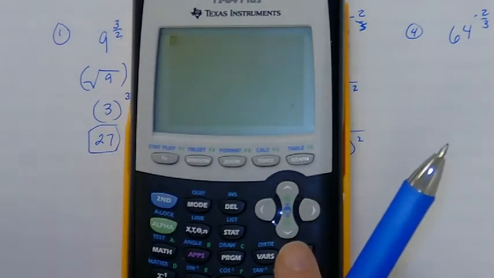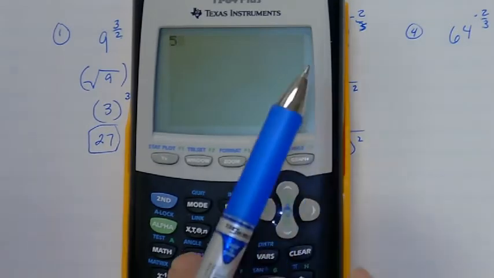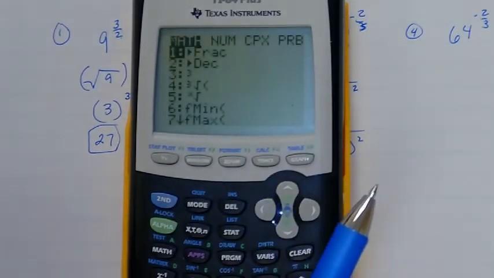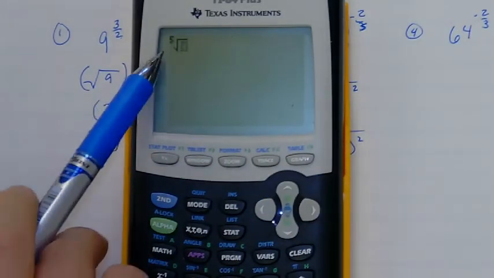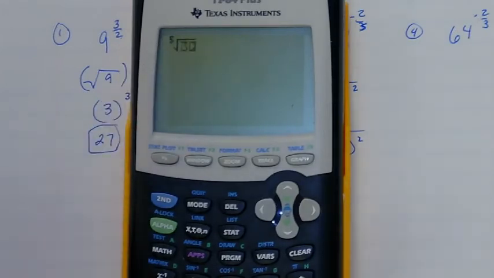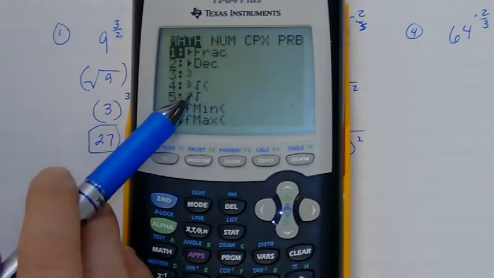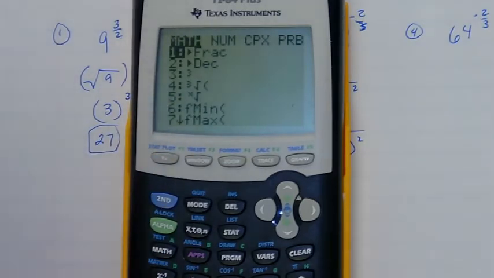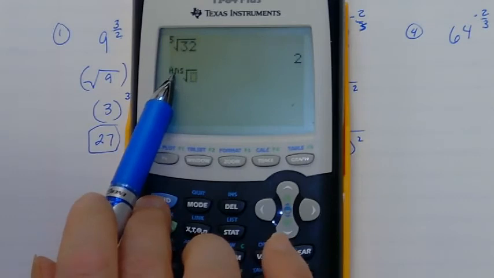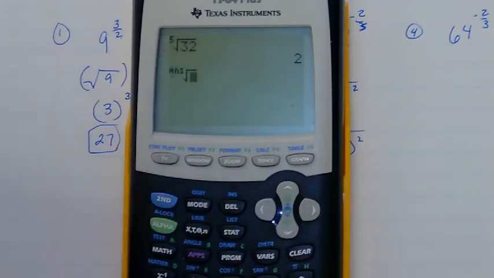Now, this one's going to make me type the 5 first, and then math 5. Now it puts a 5th root here of 32, and then I hit equals. Some of your calculators, when you just push math 5, will have a little box where that X is, and you get to type whatever number you want. This one actually asks for the number first, so you had to type in the 5 first before, so it would put it in that spot.